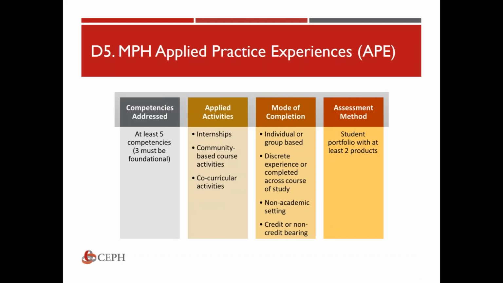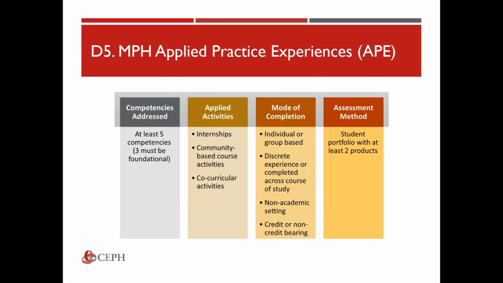So I'm going to go through, as Jessica did, some of the areas that I think are the most obvious ones for partnership. First of all, our MPH students and DrPH students are required to complete applied practice experiences. In the past, these were called practicum experiences, so essentially internships.